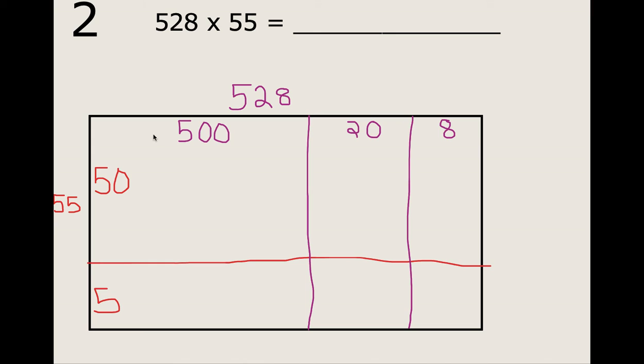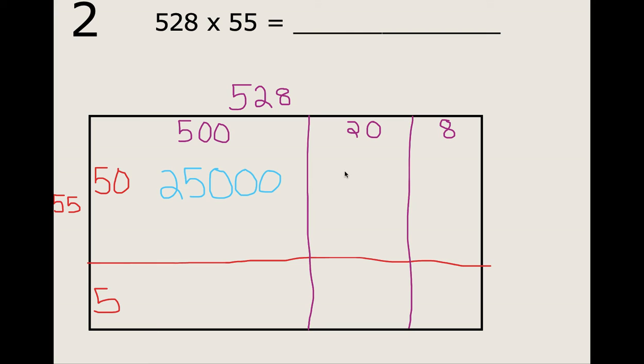So now we're going to work on our products of these broken down numbers. So 500 times 50, take away the 3 zeros, 5 times 5 is 25, add 3 zeros, that is 25,000. That's a big number.